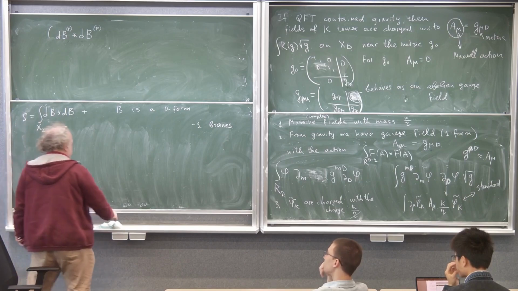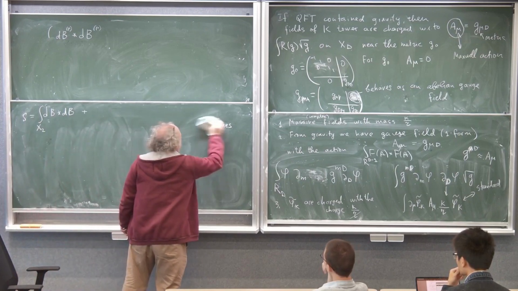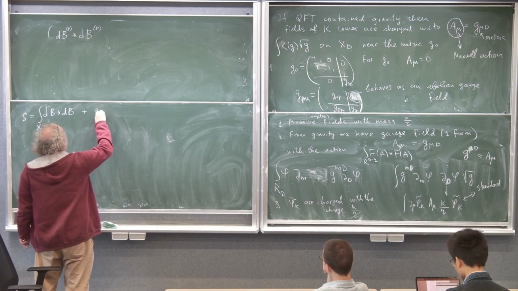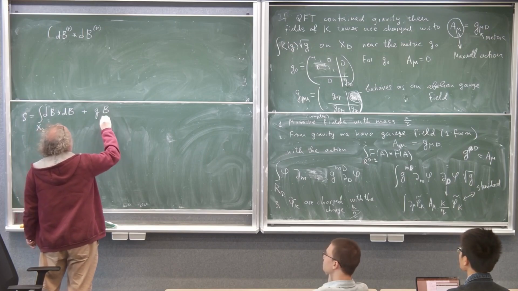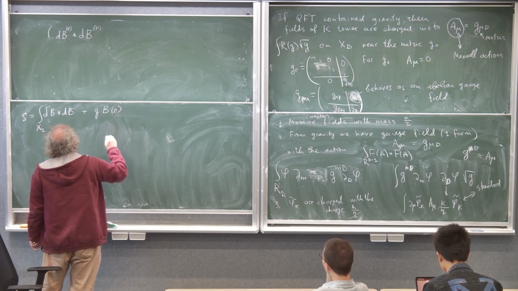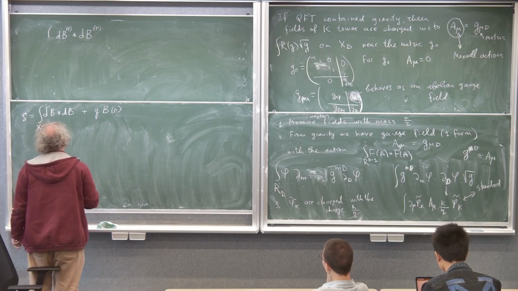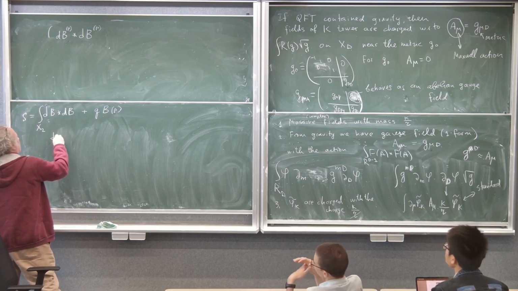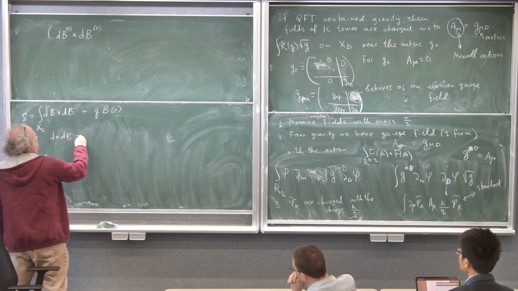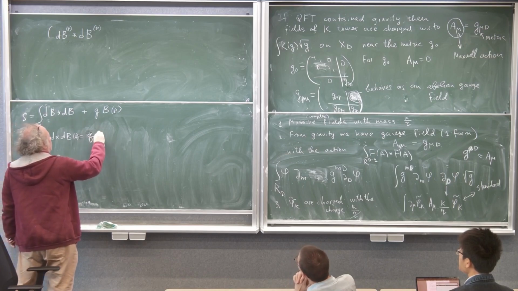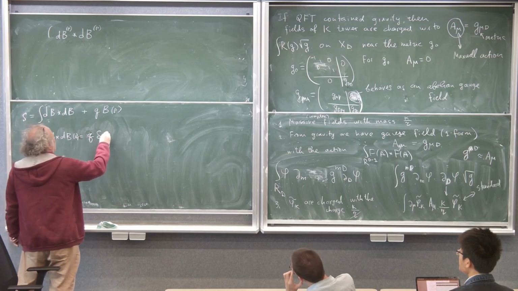To write down something charged, I will just write Q B at point P. And of course from this you can easily get d star dB equals Q delta(x minus p).